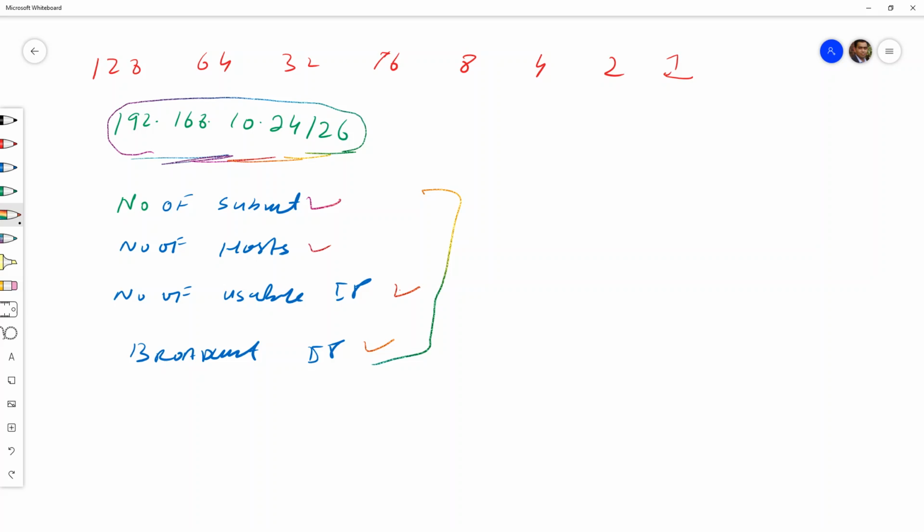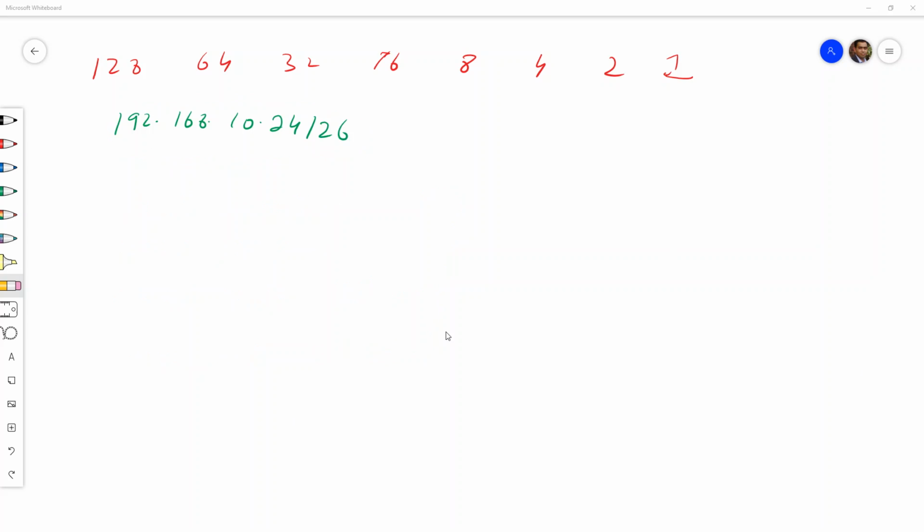Right? So how can we calculate that? From this IP, first of all, how many bits have we borrowed? 2. So how many networks? The formula is 2 raised to power n, meaning 2 raised to power 2, which means 4 networks. That's the question you need to ask yourself.